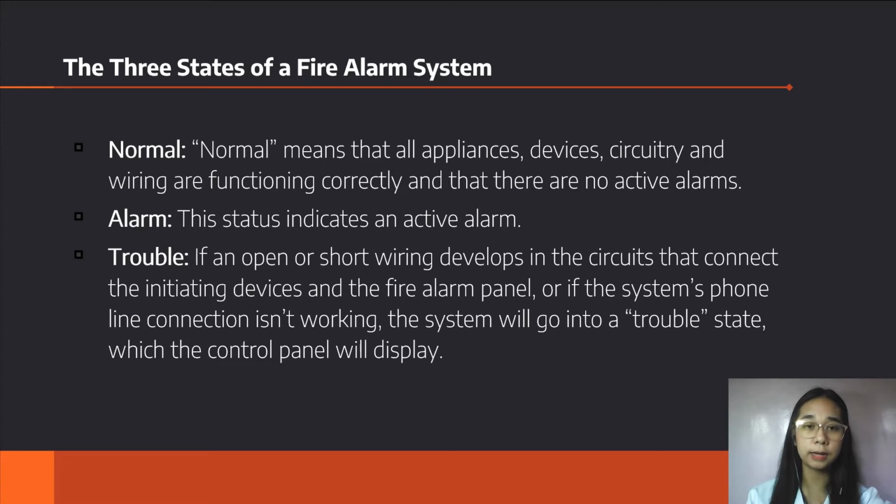When we say alarm, this status indicates an active alarm. And then we have the trouble. If an open or short wiring develops in the circuits that connect the initiating devices and the fire alarm panel, or if the system's phone line connection isn't working, the system will go into a trouble state, which the control panel will display.